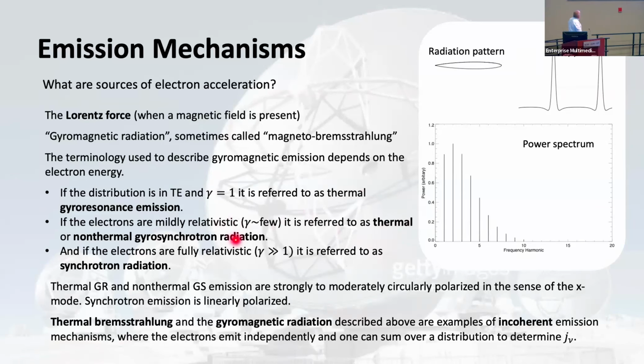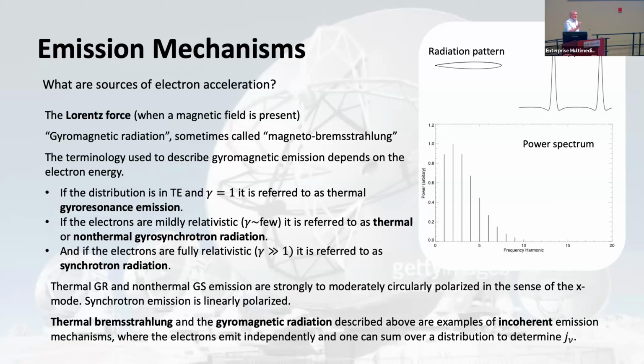And if we go all the way to fully relativistic electrons, which are relevant to radio galaxies and things like that, we're talking gammas of very large, tens of thousands, millions. The electrons are effectively moving at the speed of light, and this is synchrotron radiation. So I'm mostly going to dwell on thermal Bremsstrahlung and non-thermal gyrosynchrotron radiation.